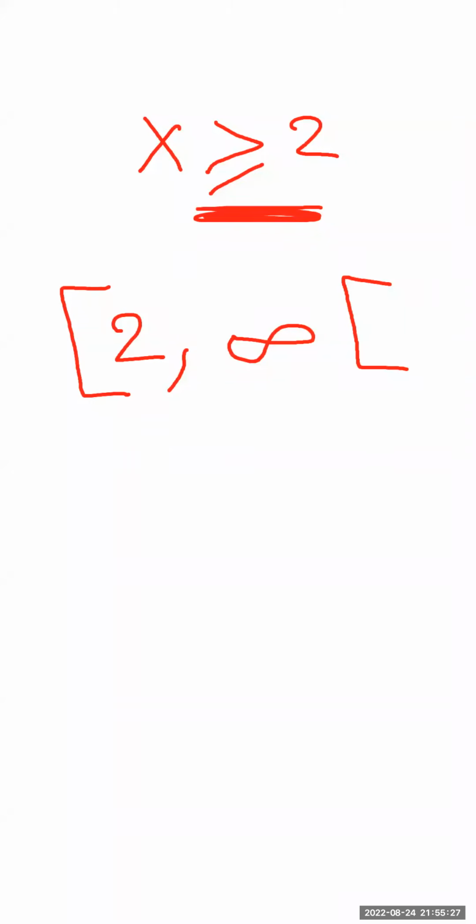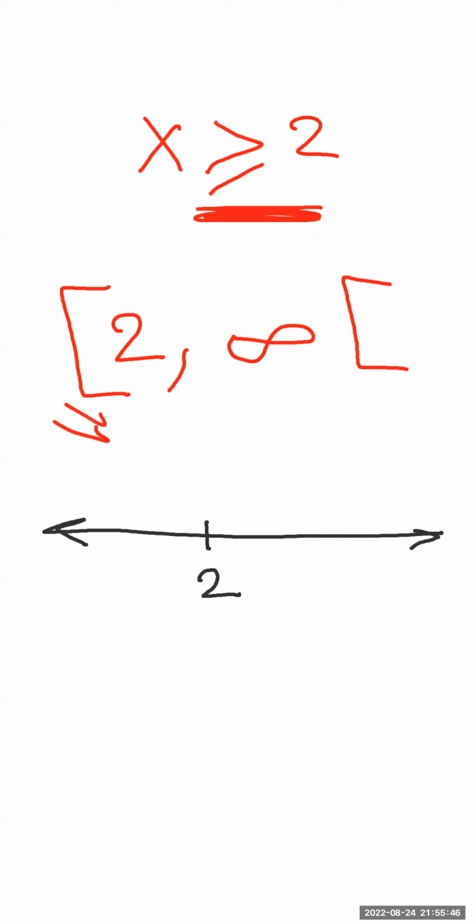So now, how to represent this interval on the number line? It's very easy. How? Just draw the number line. This one is the element 2. Is it closed from the side of element 2? Of course. Shade element 2.